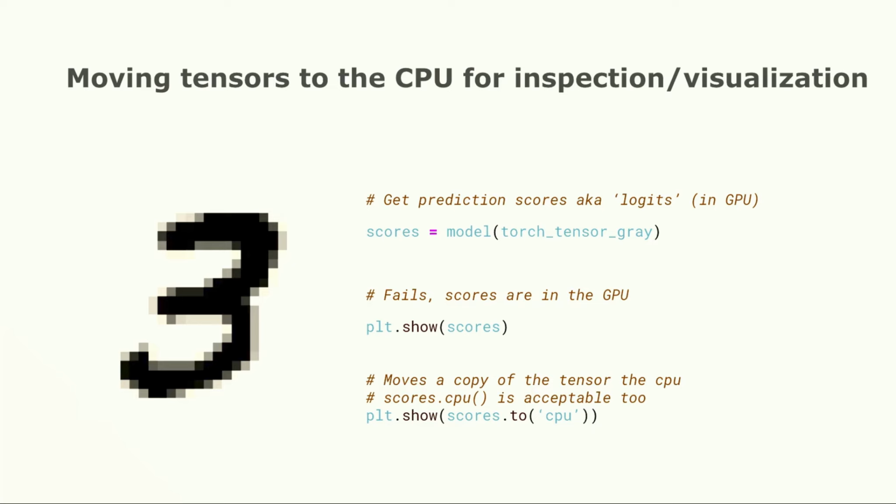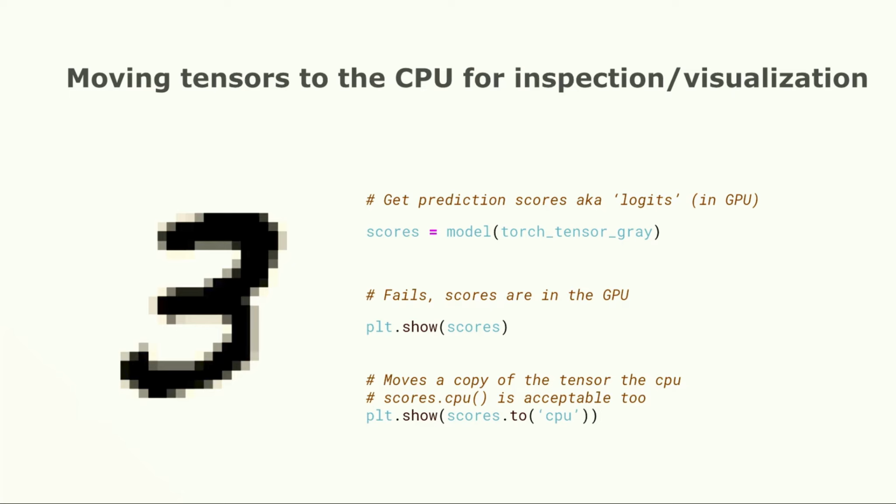So if we try to plot directly a tensor that we have on the GPU, this will fail. We move tensors to the CPU using the command .to, passing the string "cpu", or calling the method .cpu(). This transfer creates a copy of the tensor.